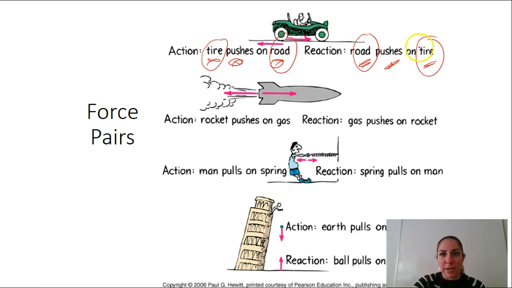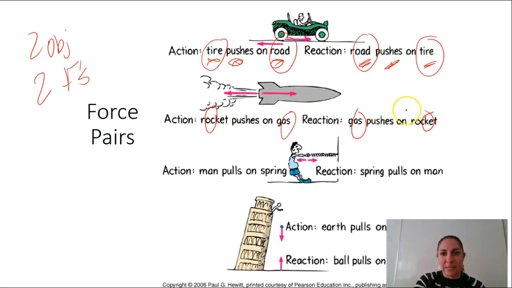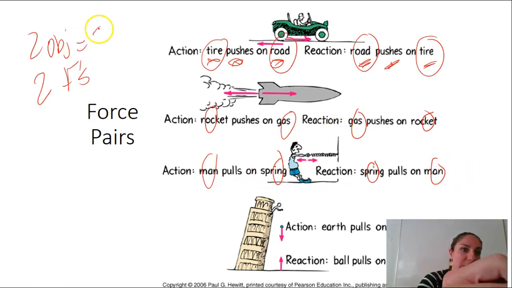Two objects, two forces. That's action-reaction. Rocket on gas, gas on rocket. Man on spring, spring on man. And notice that it's not spring on ground or spring on wall; it's always between the same two objects.